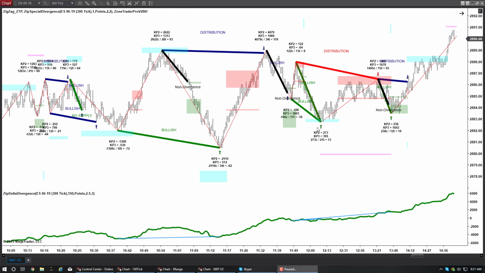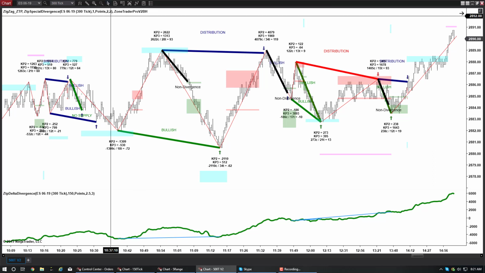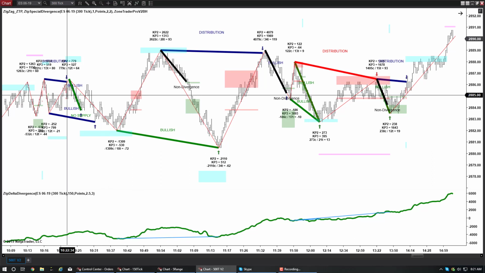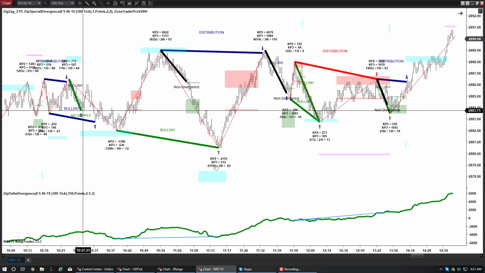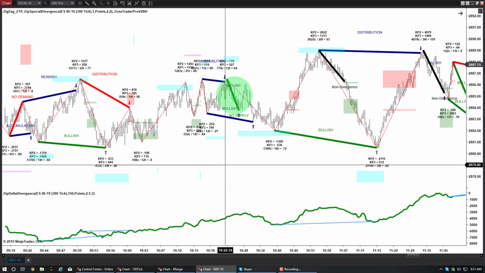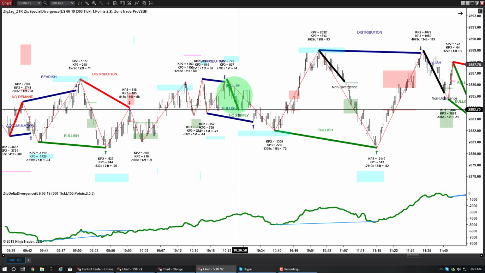Now, what is extremely important to understand is that because the special divergence is on a different zigzag, such as this right here, if you want to get paid every time, you need to respect that zigzag, as in this example, with the zigzag set at 2 points.